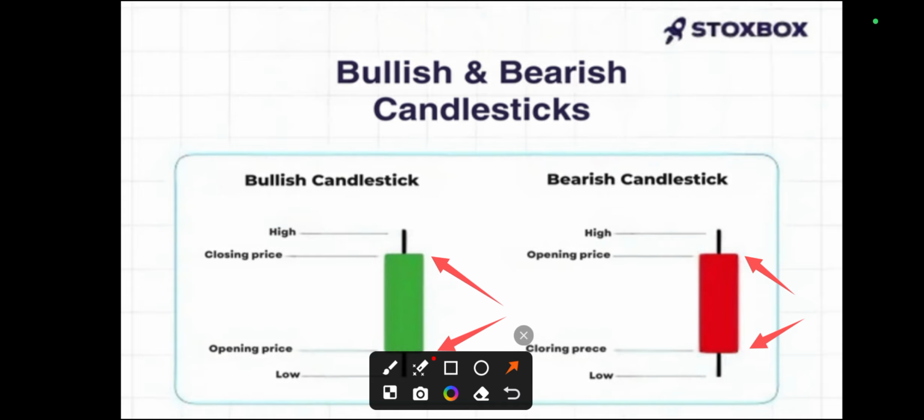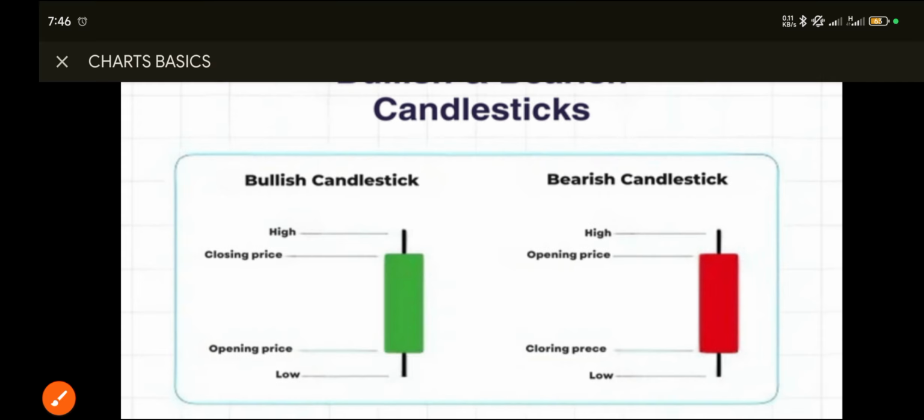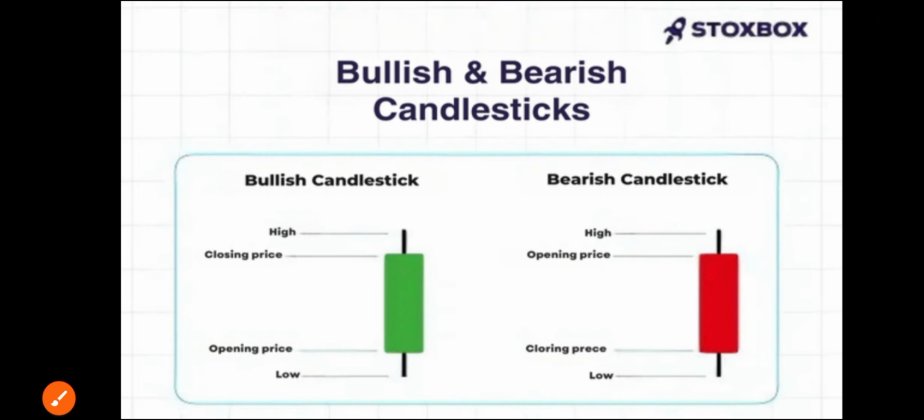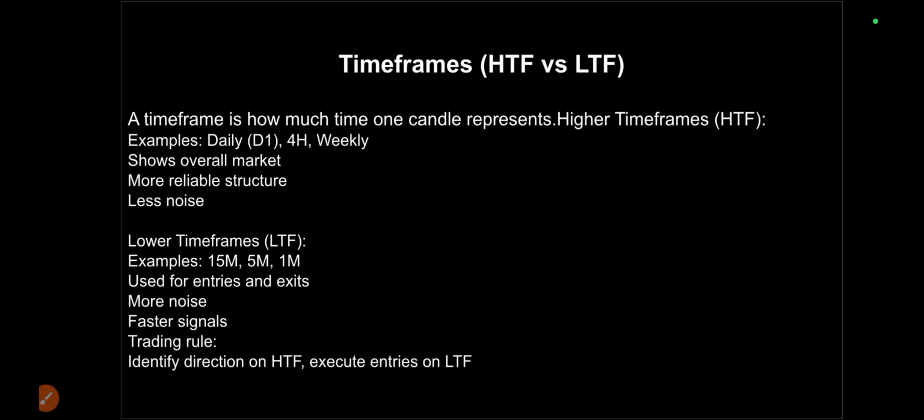That forms the bearish candle for the sellers. So once you are trading, you have to know that these are the two main types of candlestick, the green and the red, the bullish and the bearish. So we'll go to time frames.